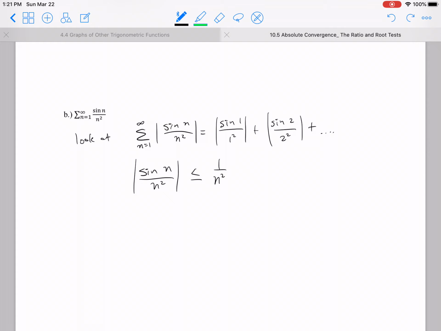And since we know that 1 over n squared converges, then we know that our sum of the absolute value of sine of n over n squared must also converge.